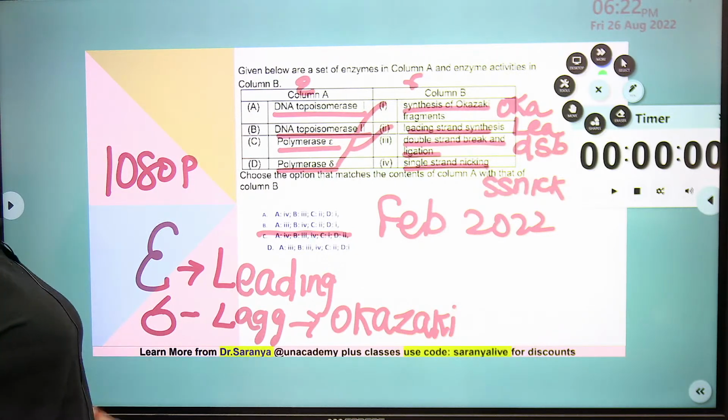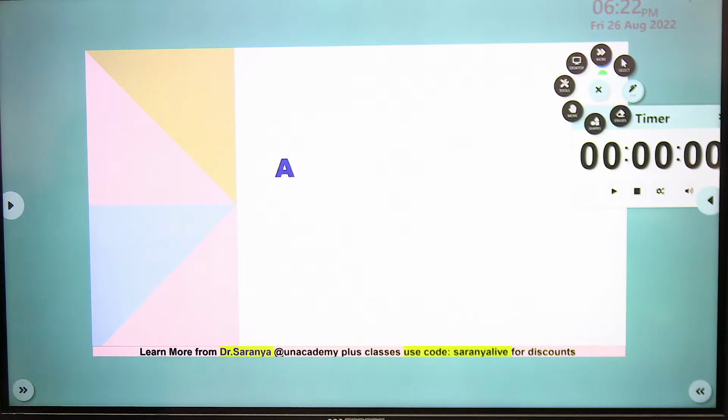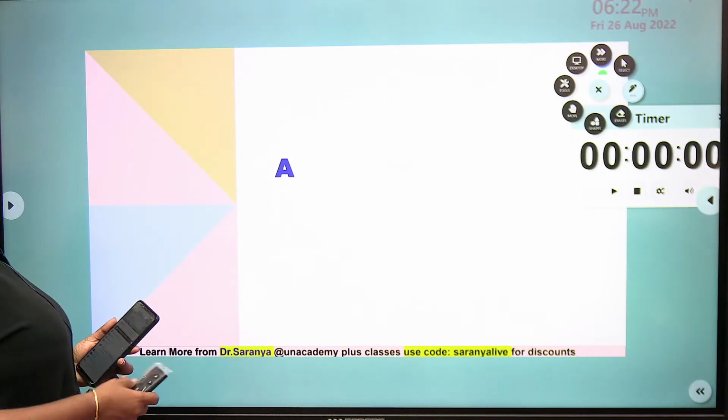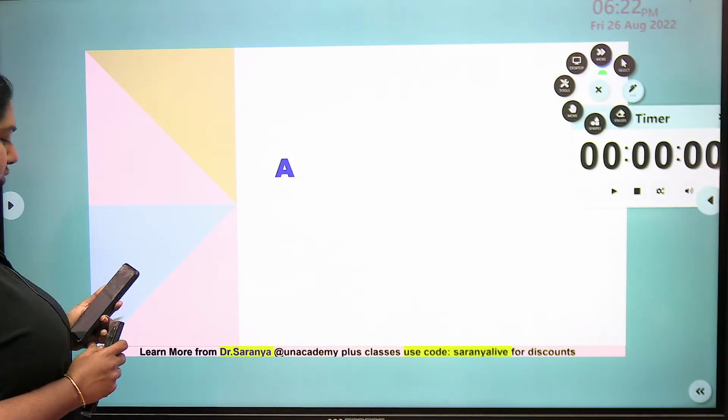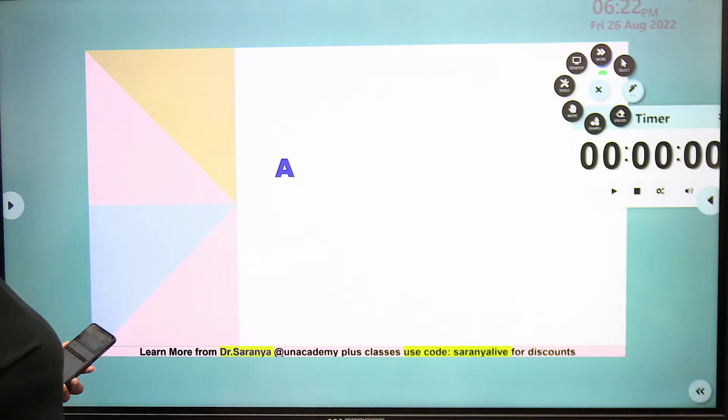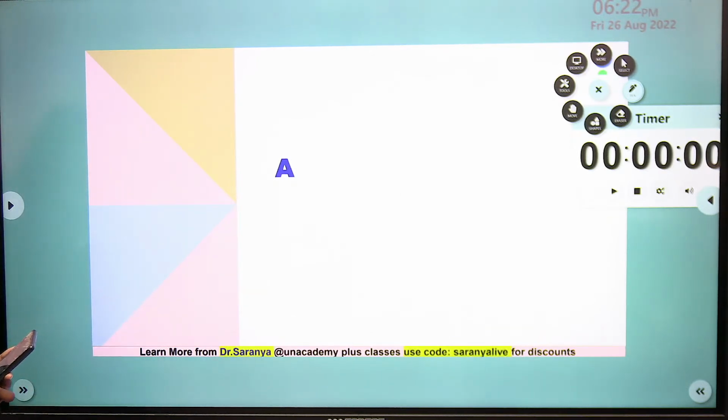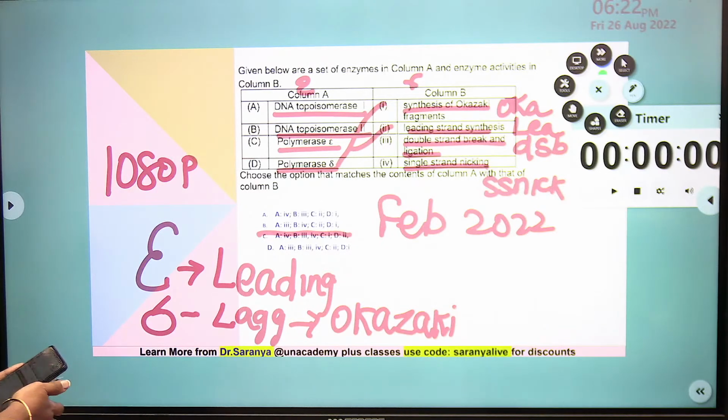Who is going to create a single stranded nick and who is going to create a double stranded nick? Exactly. The correct answer is going to be A only. As far as topoisomerases are concerned, you have 2 types: this one creates your single stranded nick and the other one creates your double stranded nick.